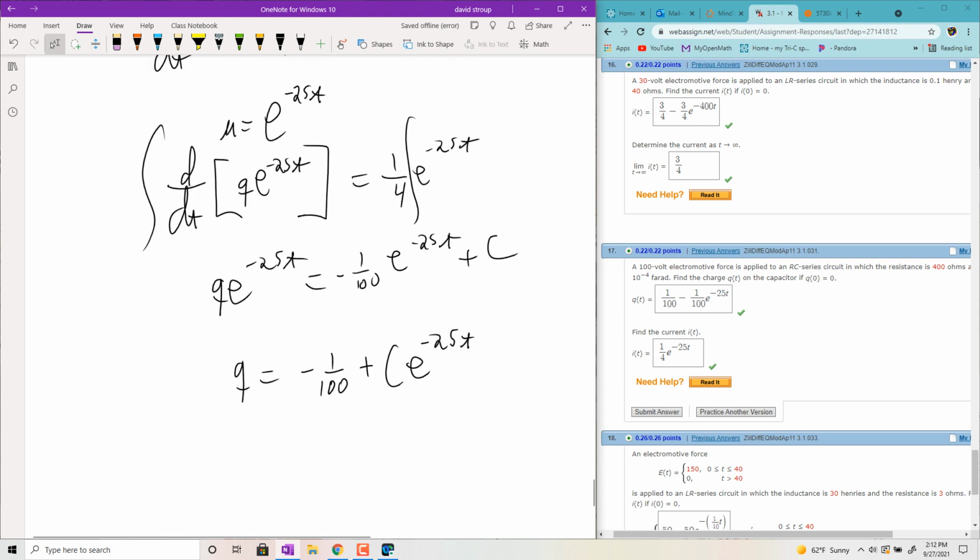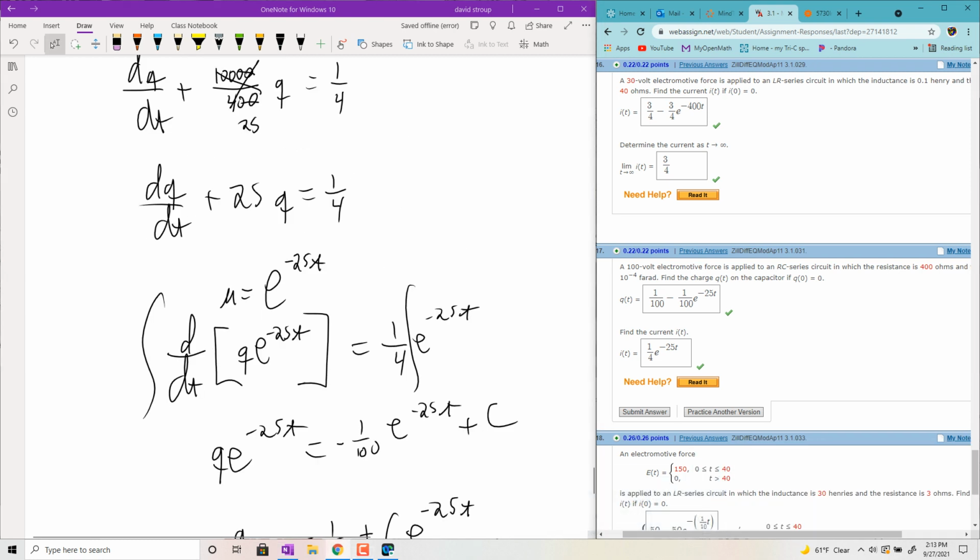Let's solve for c anyways. So put 0 over here. Yeah, it's like I got my signs reversed somehow. Well, I see it. That's what I get for skipping steps, right? This would be the integral of 25 dt, so that would be e to the 25t. So this is positive, positive. This will be positive, positive.